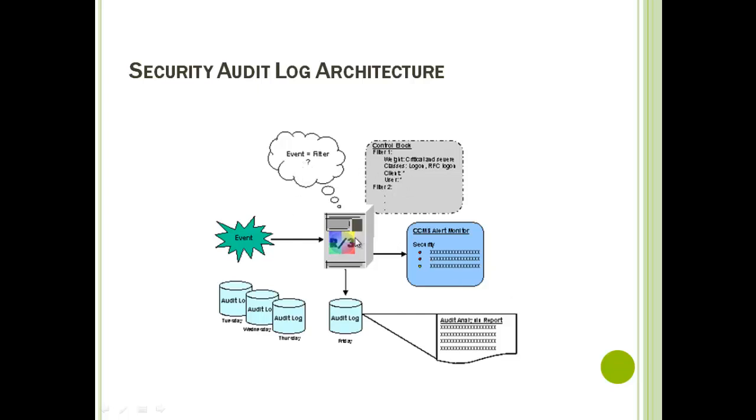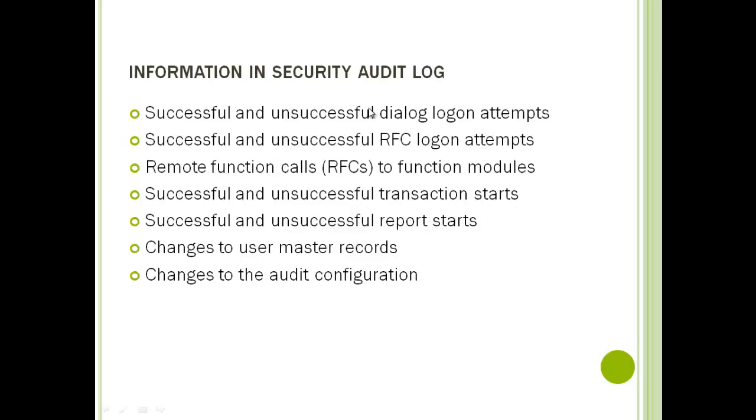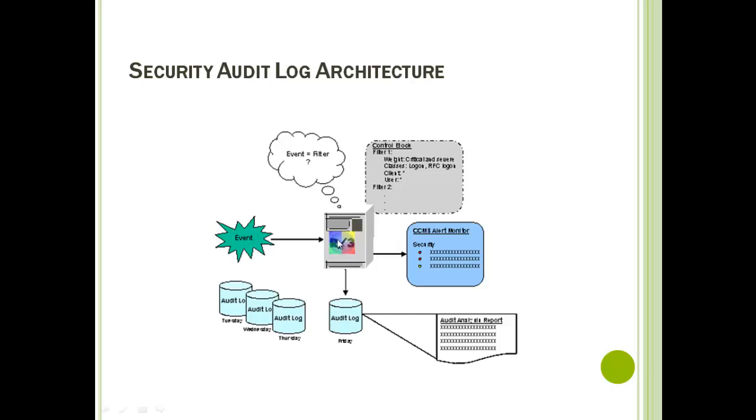We can filter these events, the events we have seen in our previous slide, which are all the information saved in the audit log. Then we can specify what information is required, which client we require, and what users we require. As I said, the information is saved in the operating system.